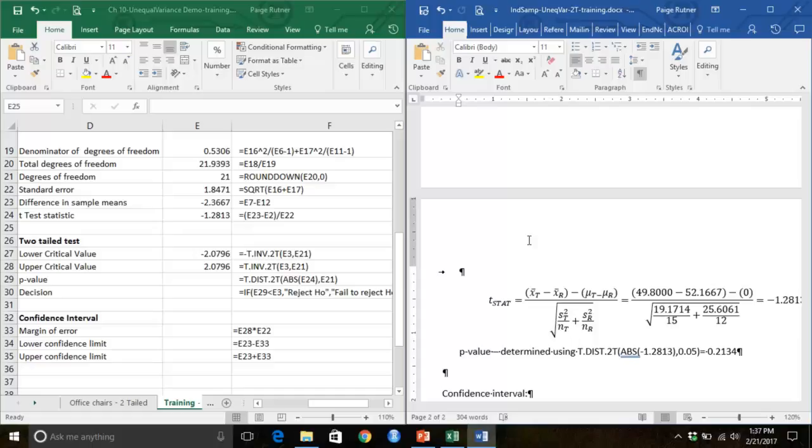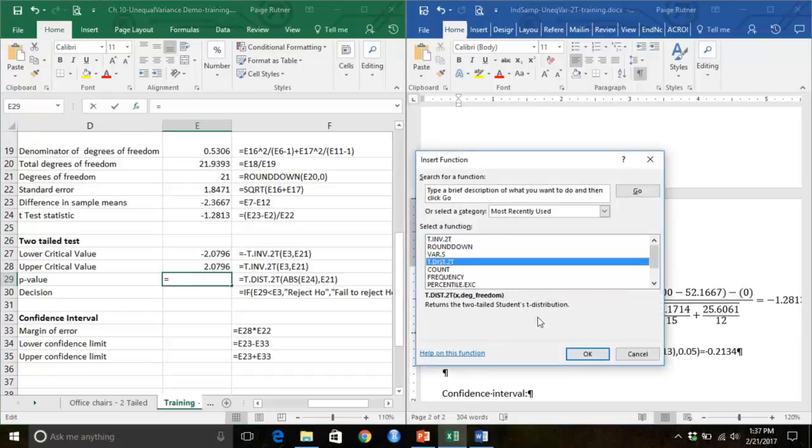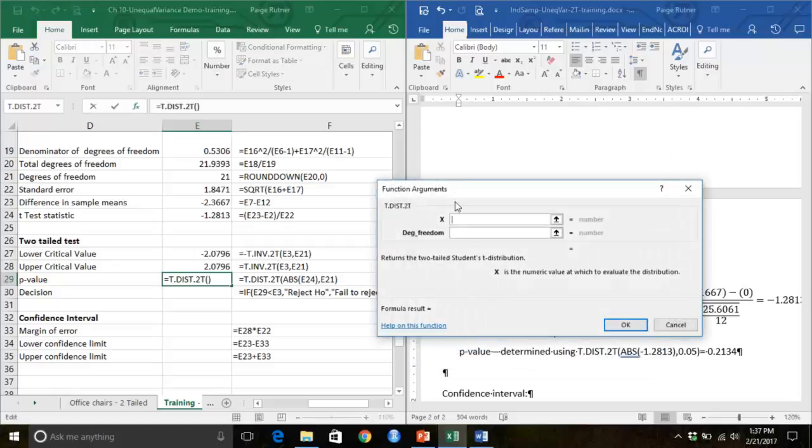And so the function that I'm going to use to compute my p-value is going to be the T.DIST.2T function. Let's take a look at that function. And so what I need to do is give it my test statistic.